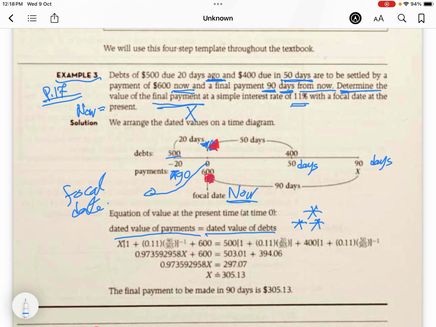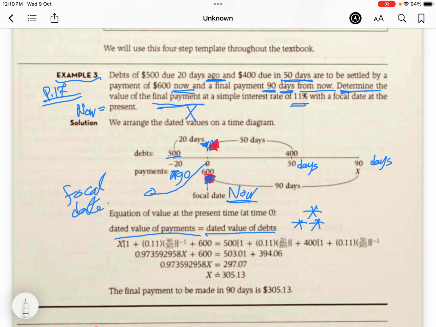Focal date, equation of value at the present time at time 0. Dated value of payments equal dated value of debits. Here with respect to payments, we have exactly one, which is at the same time, $600, and the other is X, but it is moving to the left.